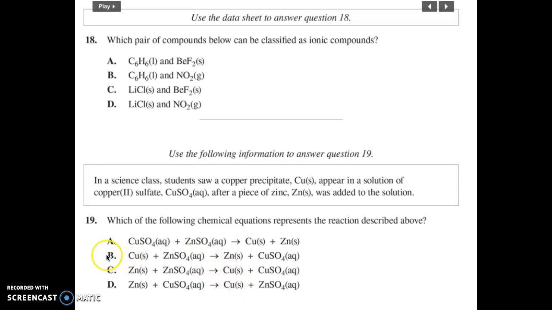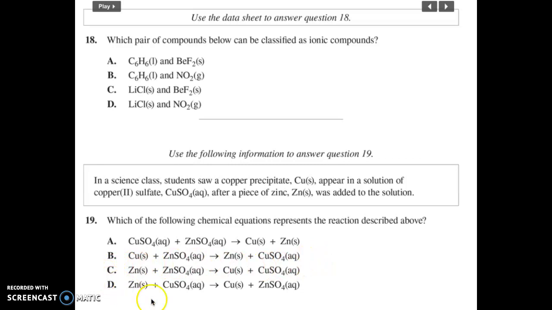Okay, so copper needs to be on this side, so it's definitely not B. Let's cross that out. It appears in a solution of copper 2 sulfate after you add zinc. So zinc can't be on the right-hand side. Let's cross that out. And you're going to need to cross out this one as well because zinc is on that side.